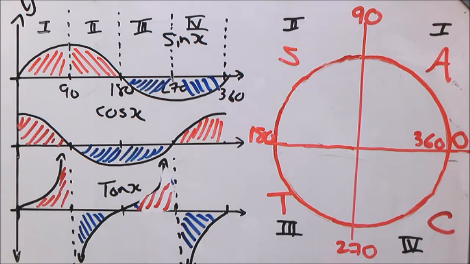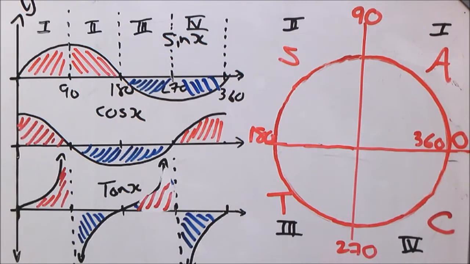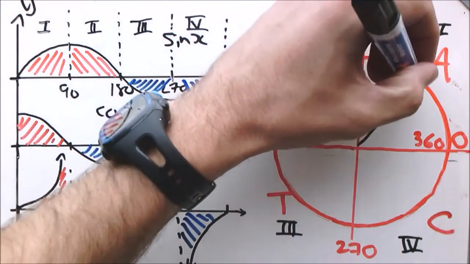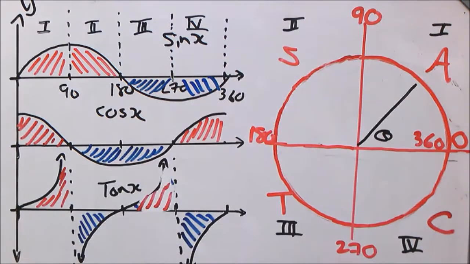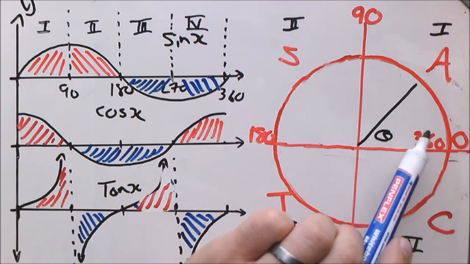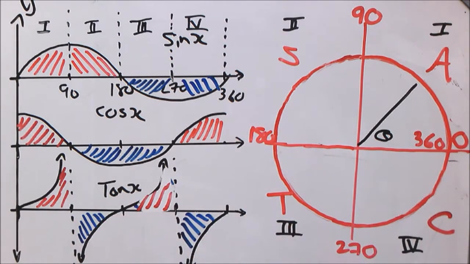Let's see how we can apply this now with calculations or just understanding the concept. So we're going to take an angle that's equal to theta, and theta is smaller than 90 degrees. So on the CAST diagram, we can represent it as theta right over there. Now, a fascinating thing happens: if we work around the numbers 180 degrees and 360 degrees, there are specific patterns that repeat with a CAST diagram.